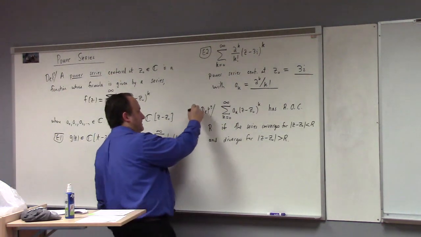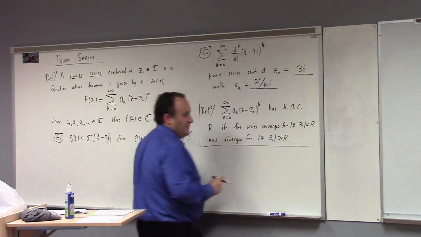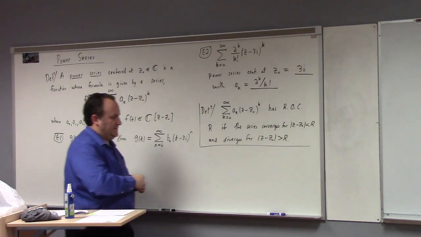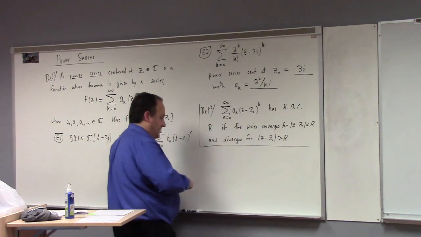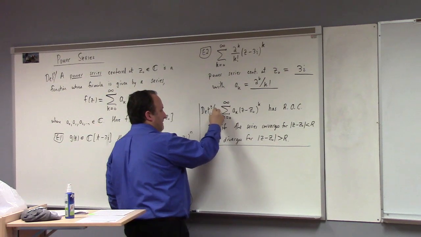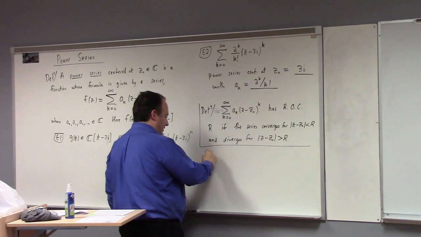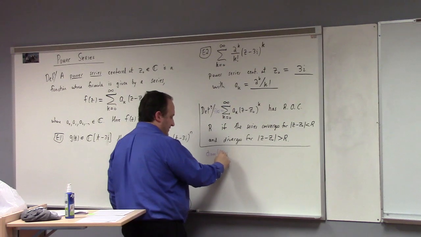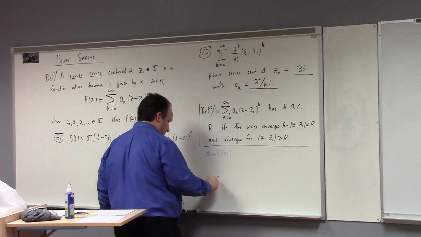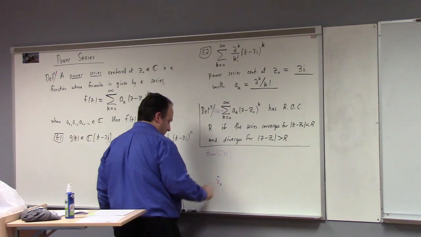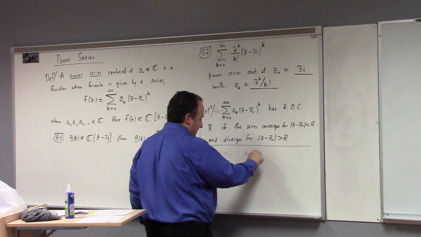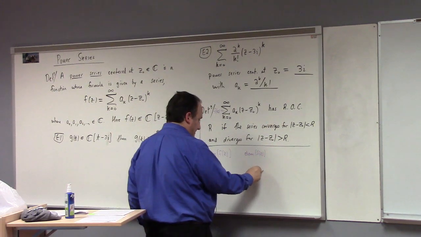So there are basically three cases to consider here. If I call this thing f of z, we could have the domain of f of z looking like this. We could have the domain of f of z looking like this.